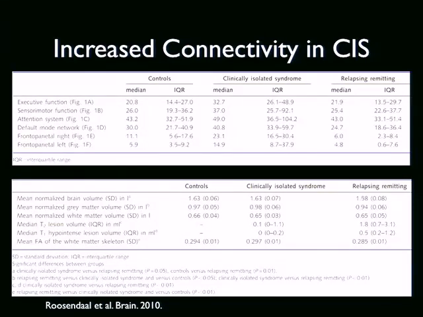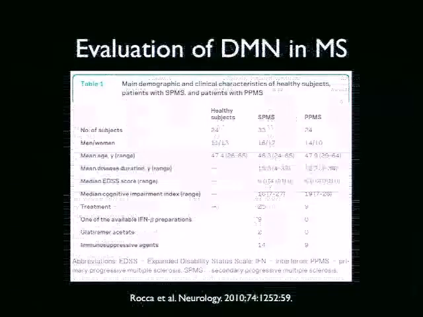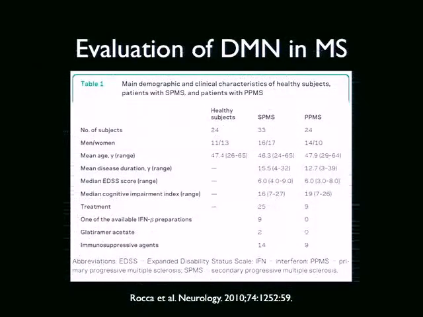This just specifically goes into some of the data from that figure. What I'll highlight is that in the clinically isolated syndrome group, there was really no difference from controls in things like brain volume and gray matter volume, and there were decreases in those volumetric measures in the relapsing remitting patients.